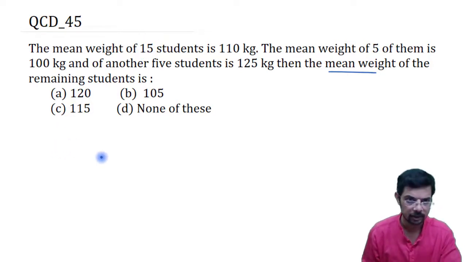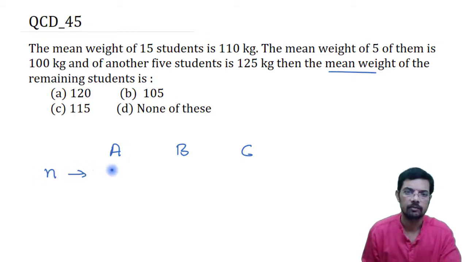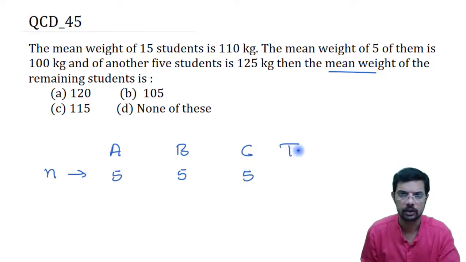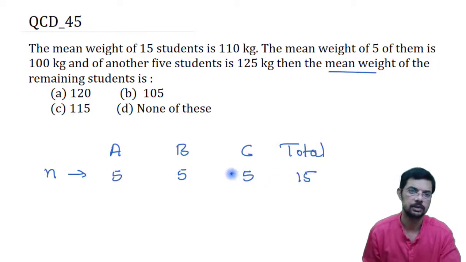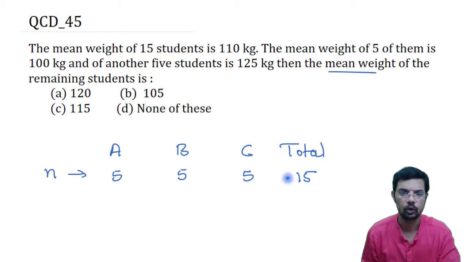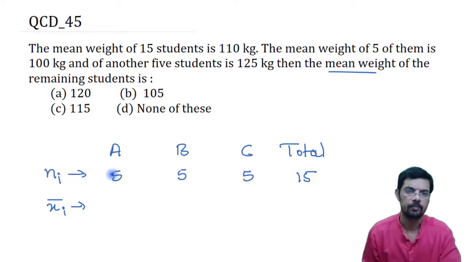Let us consider 3 groups, say group A, group B and group C. Here the number of observations n1 will be equal to 5, n2 will be equal to 5, n3 will also be equal to 5. The whole group is distributed into 3 equal parts, and the total number of observations of the combined group is 15. Now we will discuss the mean x bar of each group, xi bar, with ni.